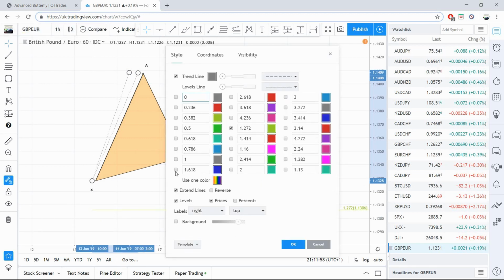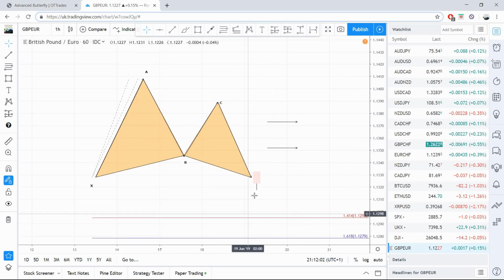The 1414 doesn't tend to give you much room for movement, so the 1618 gives you that extra buffer for price to retrace lower before making that bounce off of the D area. So I found it worked better to have a lower risk to reward ratio.